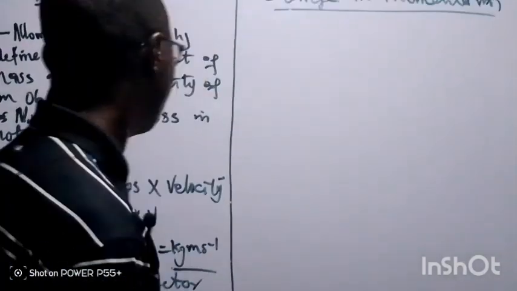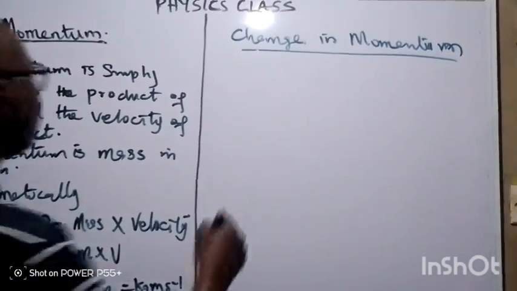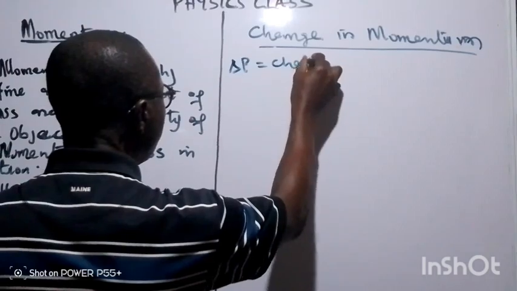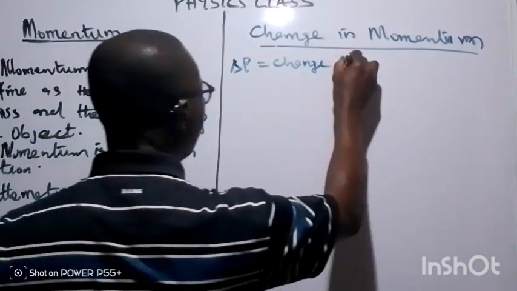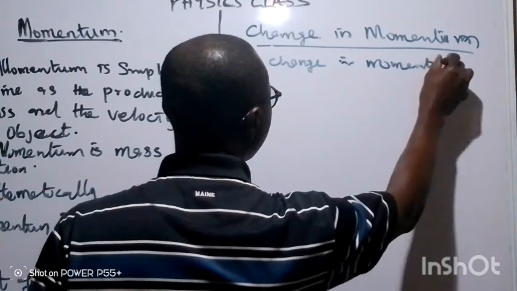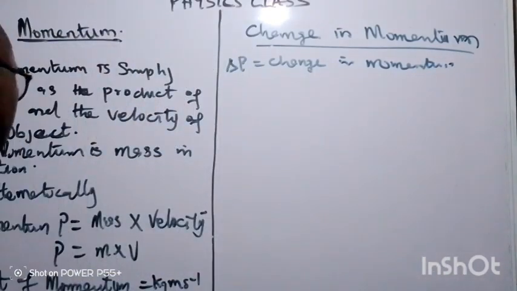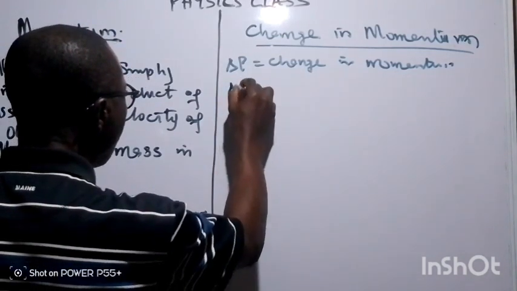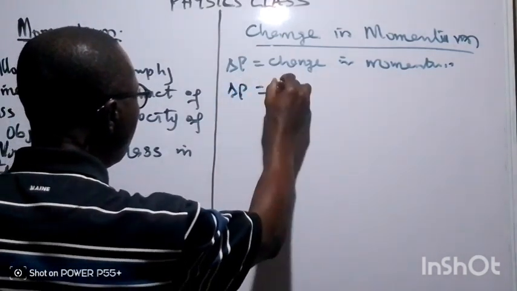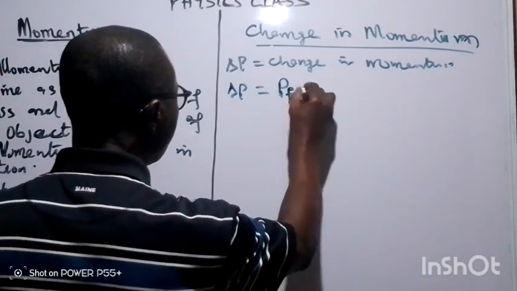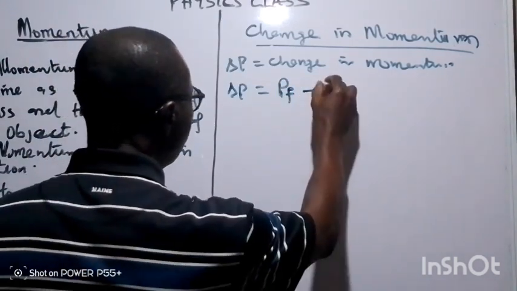Therefore, we have delta P, the change in momentum, which will be equal to the final momentum minus the initial momentum.